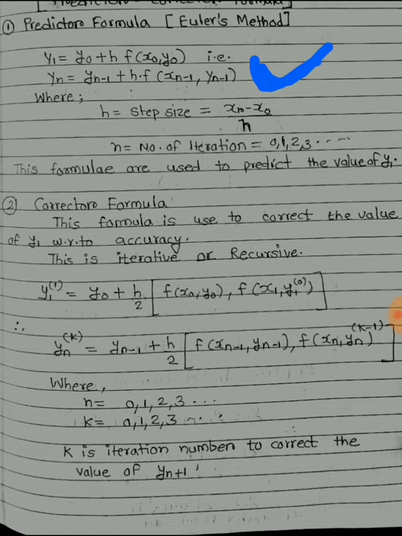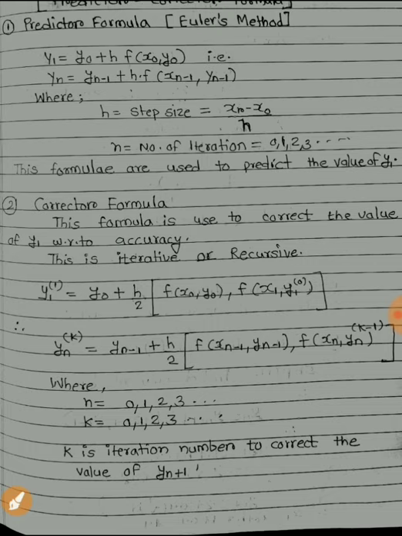Once you calculate that value of y, it may not be correct as it is just a predicted value, so it can be corrected with respect to the accuracy. The accuracy will be given to you for the calculation, and that accuracy is taken into account in order to correct the value of y. How to do that? Let us see.